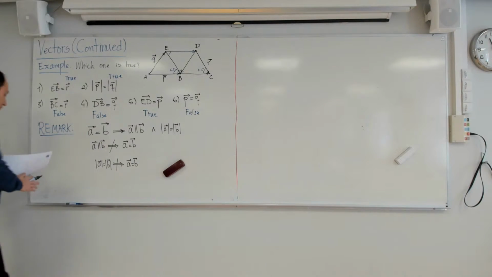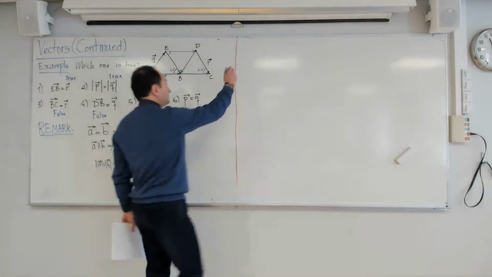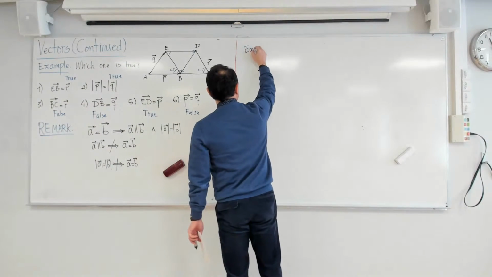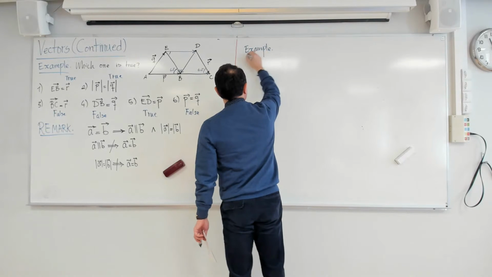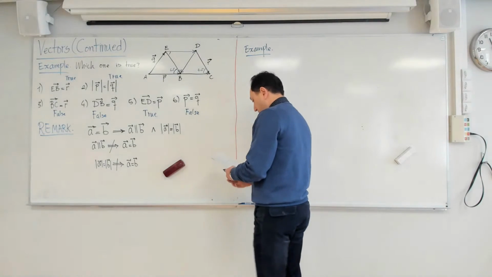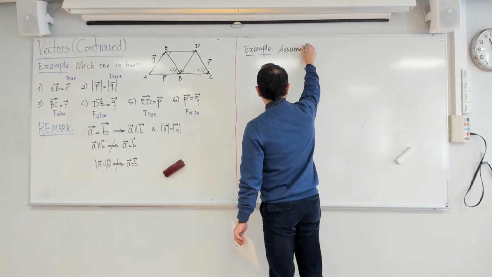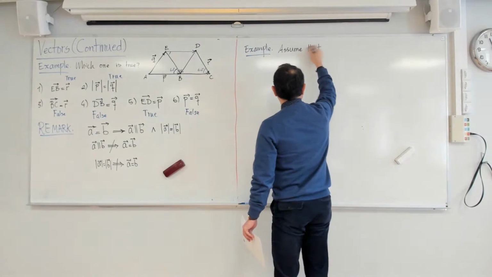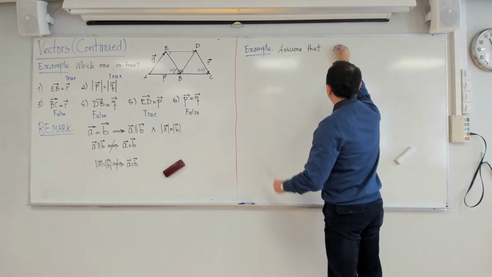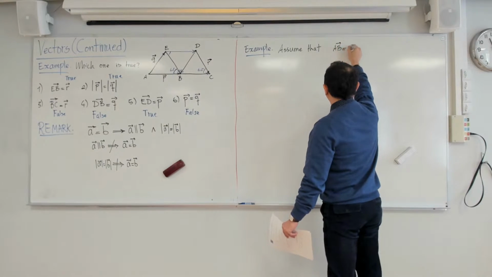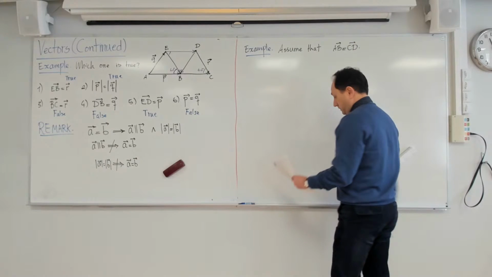So let me give you another example. Assume that someone tells me that vector AB is equal to vector CD.